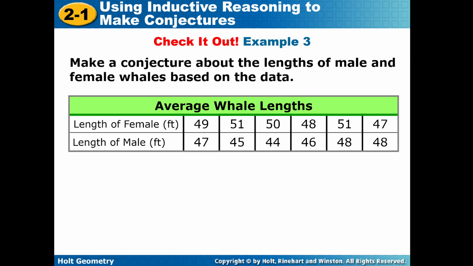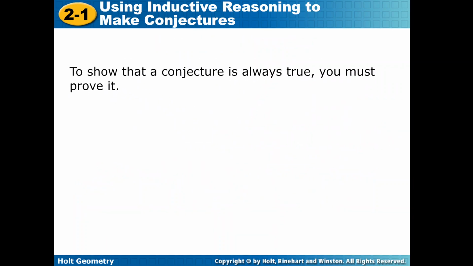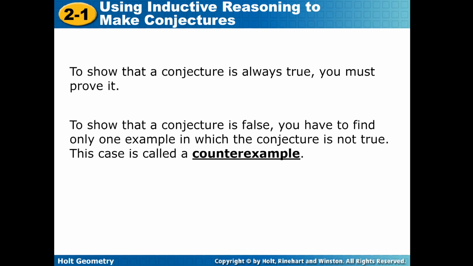So here's another example, comparing the average whale length. Female whales are longer than the male whales. In order to show that a conjecture is always true, you must prove it. To show that a conjecture is false, you have to find only one example in which the conjecture is not true.